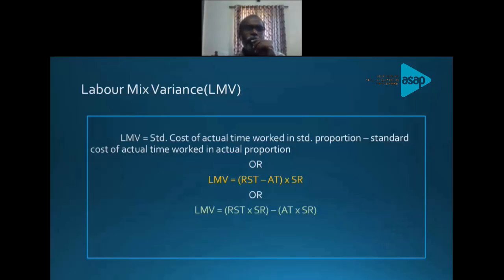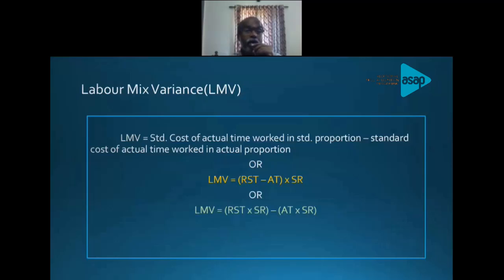Standard cost of actual time worked in standard proportion minus standard cost of actual time worked in actual proportion. If you are using the second equation or the third equation, you have to remember the first one in your mind, especially the first part: standard cost of actual time worked in standard proportion reduced by standard cost of actual time worked in actual proportion.